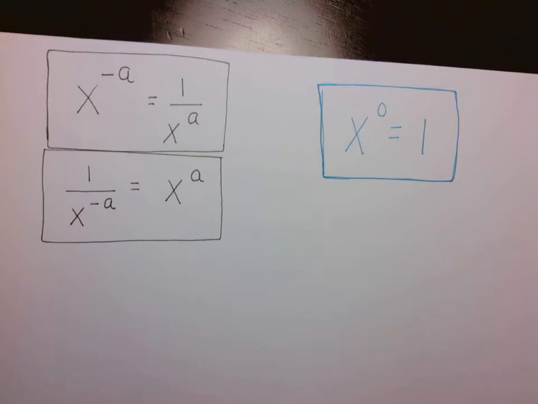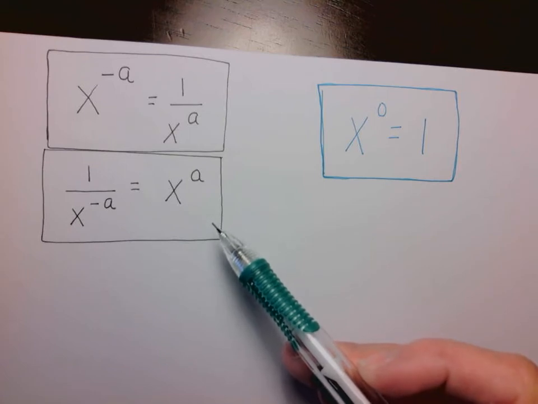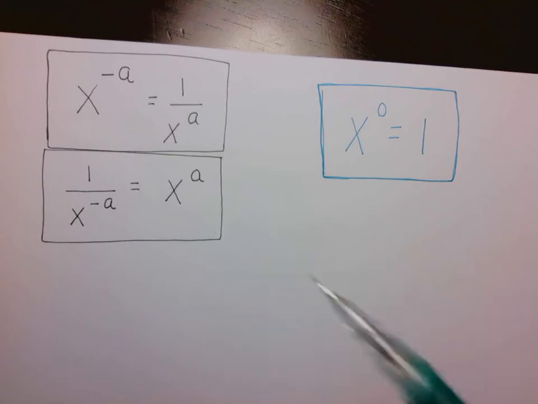So a negative exponent is equivalent to the inverse of the same number with a positive exponent. Look at my example here and listen to that again. A negative exponent is equivalent to the inverse of the same number with a positive exponent.